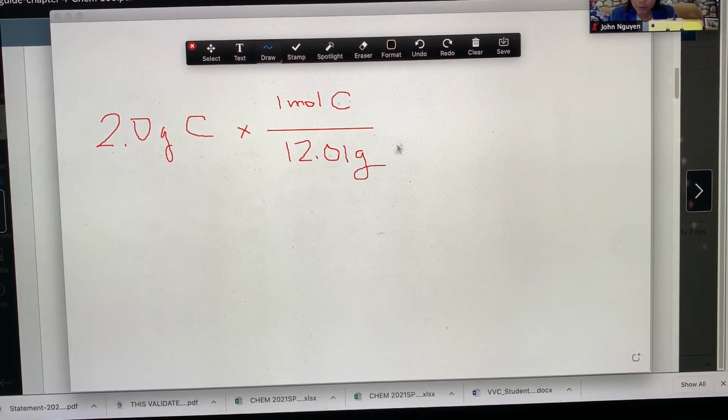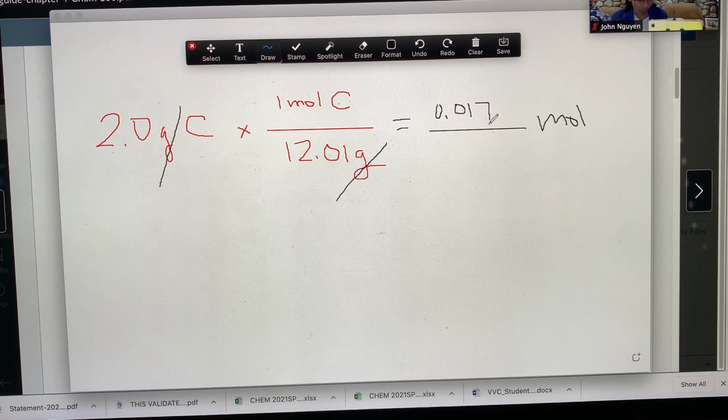Like I said, you look at the periodic table, and then you cancel out the grams, and you get moles. You put it in your calculator, and if you keep two significant figures, you get 0.017.